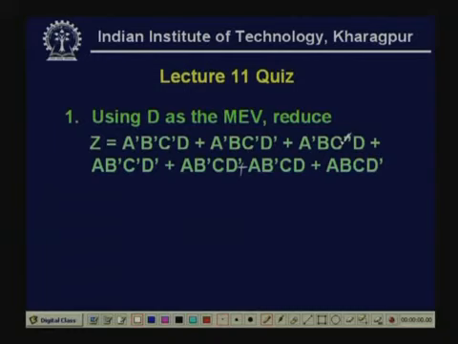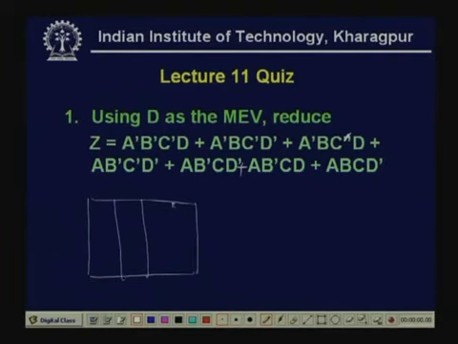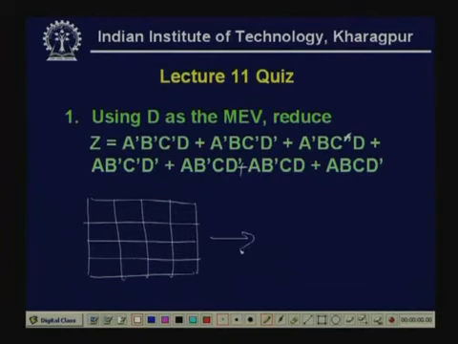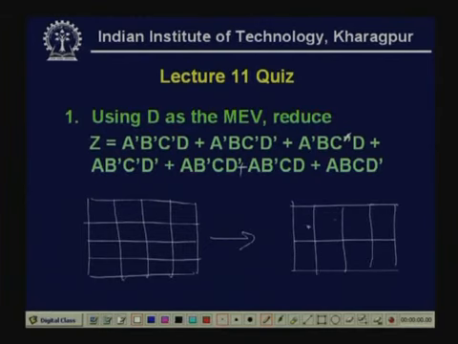Actually this is a 4 variable function, and as this is 4 variables, the normal K map should be this type of 4 by 4. Now it will be reduced to 2 by 4, with D as the MEV.